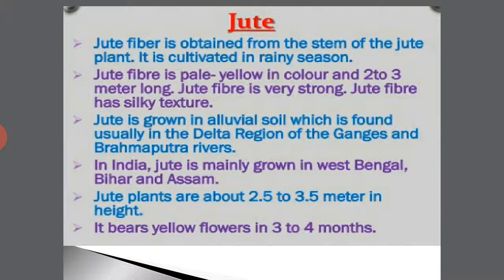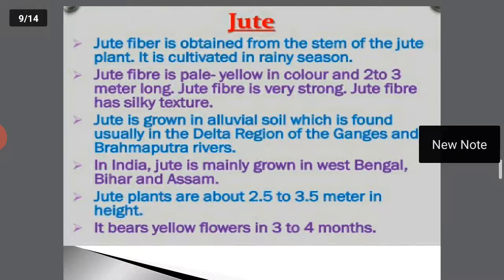Its height will be more in comparison to that. It bears yellow flowers in 3 to 4 months. That means it will take more time. The cotton plant usually takes 60 days, around 2 months, and jute takes almost double the time.